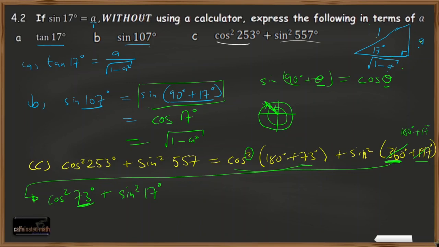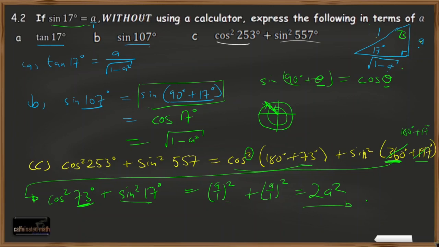Now this is interesting. 17 plus 73 is 90, which means it sits right over there, and I can read cosine off of this diagram, which means I'm going to have a over 1 all squared, plus, well, sine of 17, whether I take it from there or from the diagram, is also a over 1 all squared, and then a squared plus a squared is equal to 2a squared.